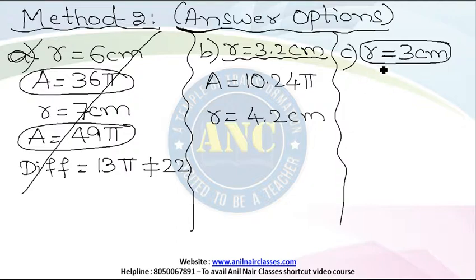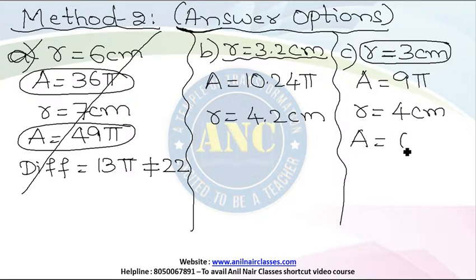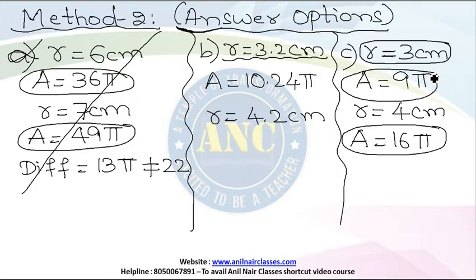Now if I take r as 3, area is pi into 3 square, 9 pi. R increased by 1, R becomes 4, area becomes 16 pi. Now the difference between new area and old area, difference is 7 pi. 7 pi is 7 into 22 by 7. This 7 will cancel. You are left with 22.